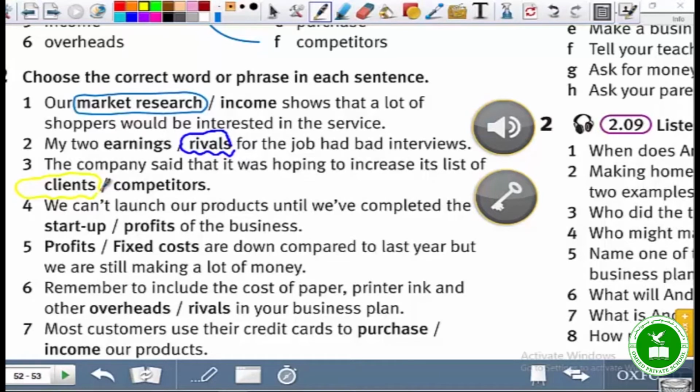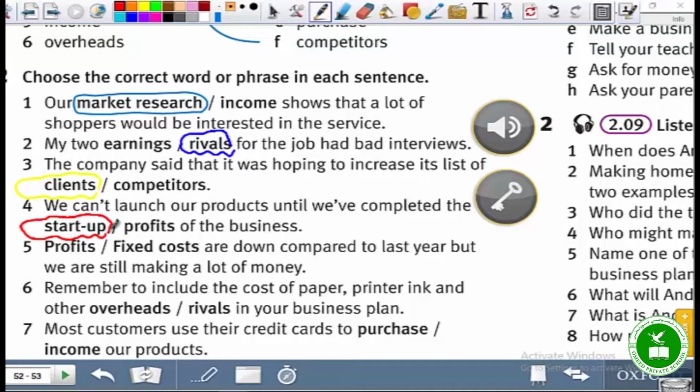What about number 4? We can't launch our products until we have completed the startup or profits of the business. Which one is correct? What does startup mean? Startup means to start something, to start a business. Startup is the best answer.